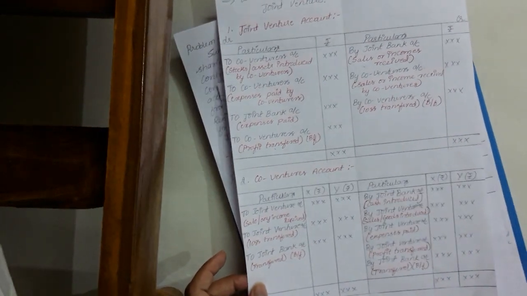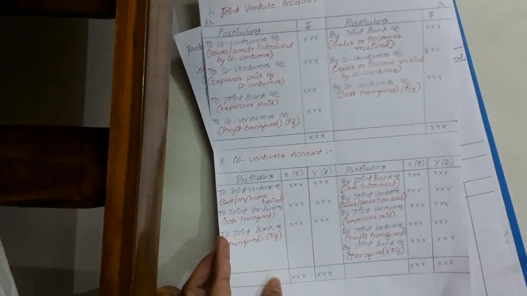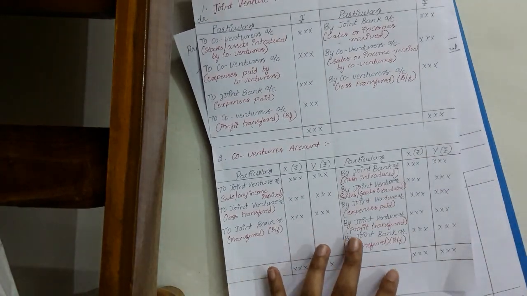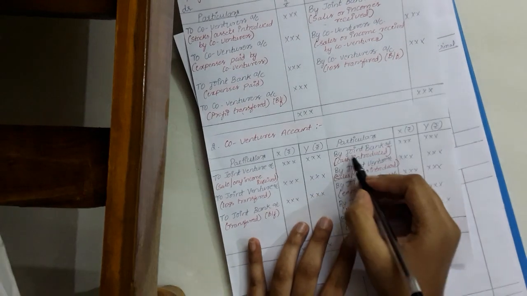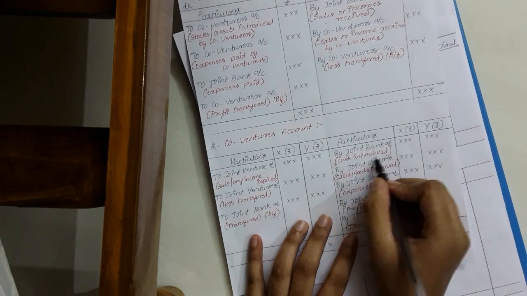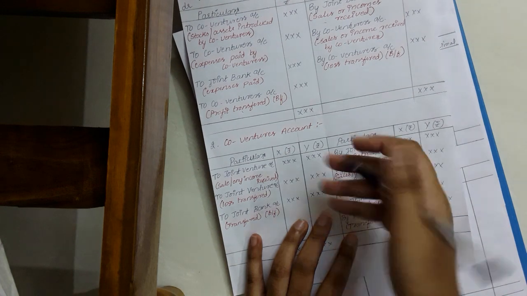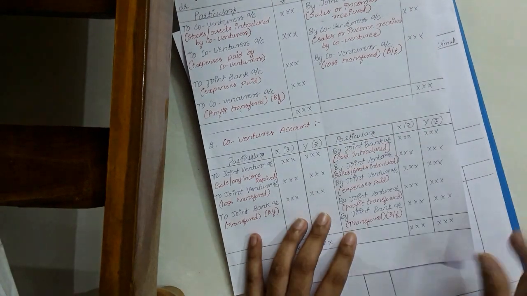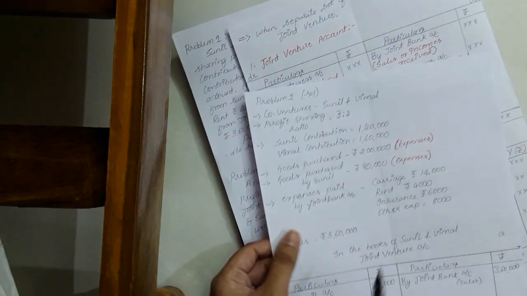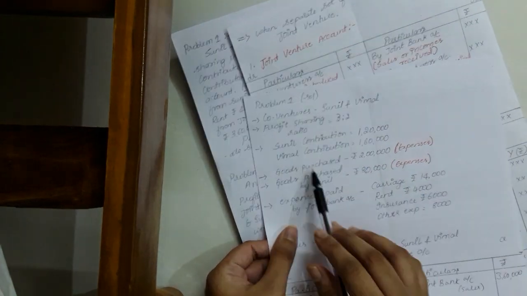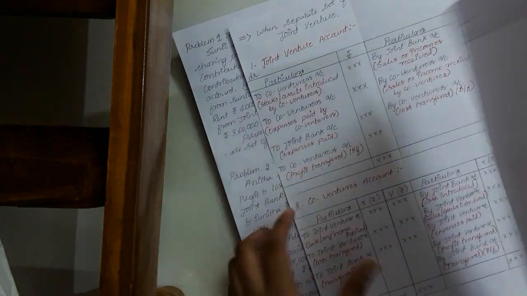So next, coming to what all we need to write on the credit side. By joint bank account, cash introduced. Any cash given by the co-venturers for the purpose of starting this joint venture, we need to write here. Sunil has contributed 1,20,000, and Vimal has contributed 1,60,000.